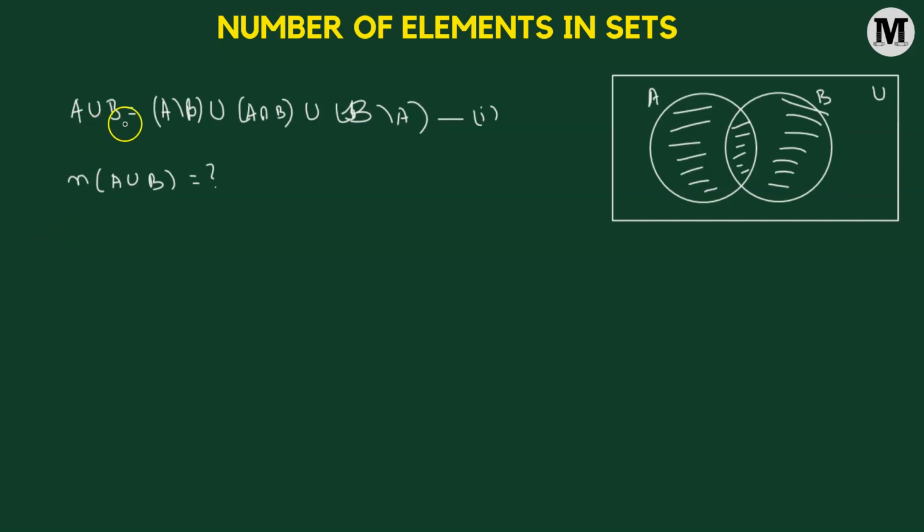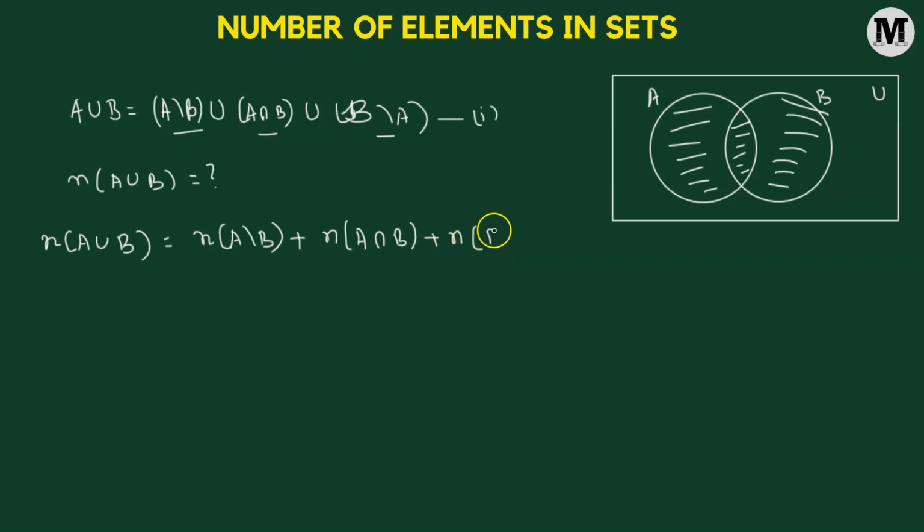Now, we have A union B equal to one set, that's A minus B, union with another set A intersection B, union with the third set B minus A. Now, if we take the total number of elements on both sides, the total number of elements of A union B is simply going to be equal to the total number of elements in A minus B, then we're going to add the total number of elements in the common region A intersection B, and then add the total number of elements in the region B minus A.